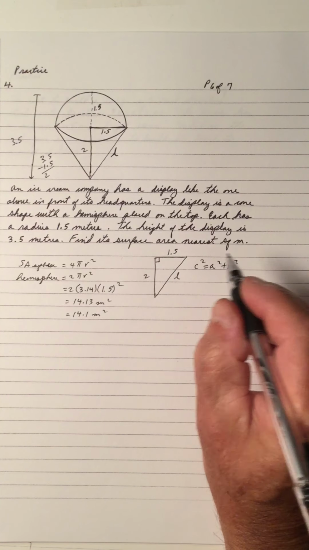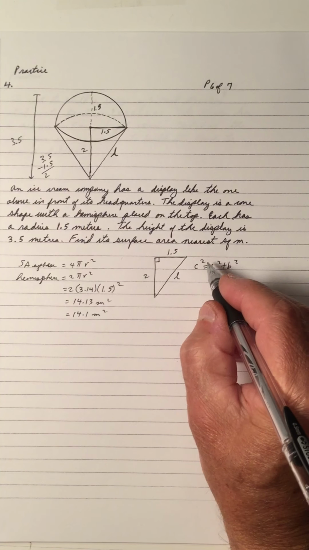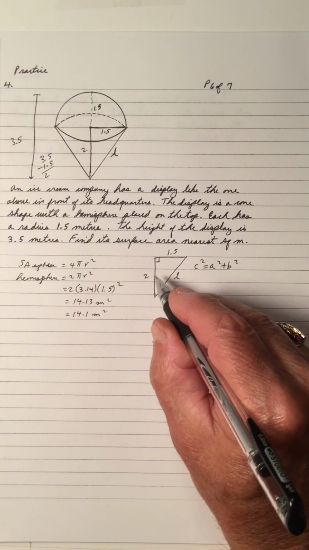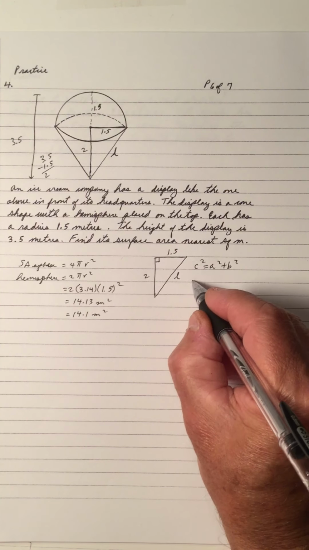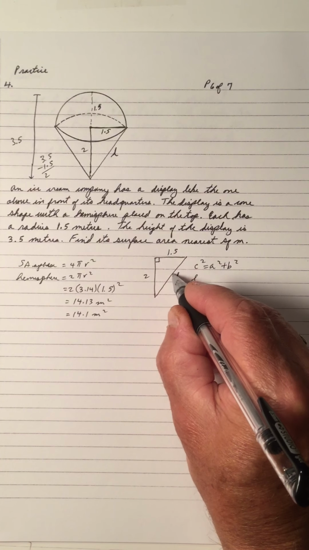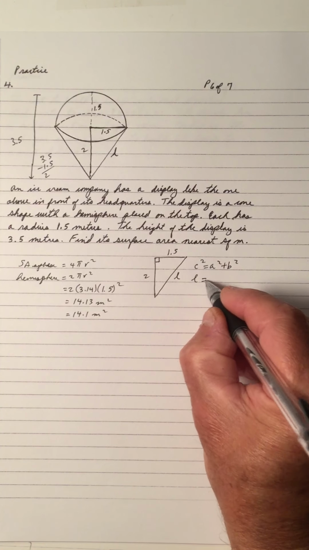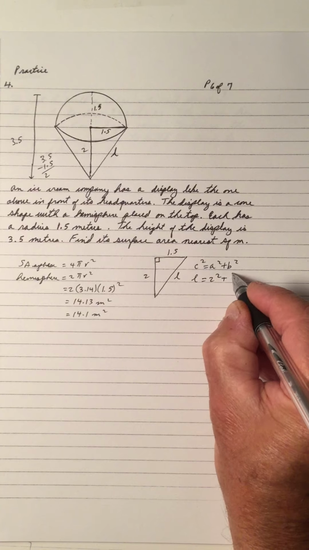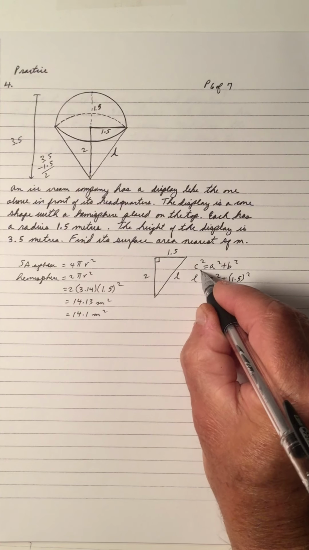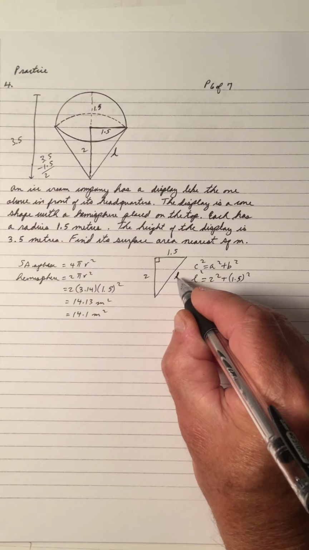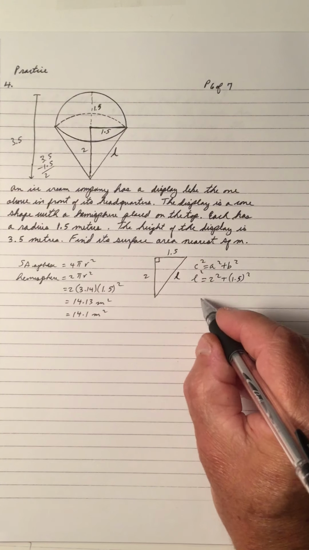Again, I always emphasize, when you have a right triangle with two sides, you get the third side by doing Pythagorean. C is the hypotenuse, so the hypotenuse is opposite the right angle, so C is the L. A is 2, B is 1.5. It doesn't make any difference with these two, as long as you put L to be your C, because that's the hypotenuse.